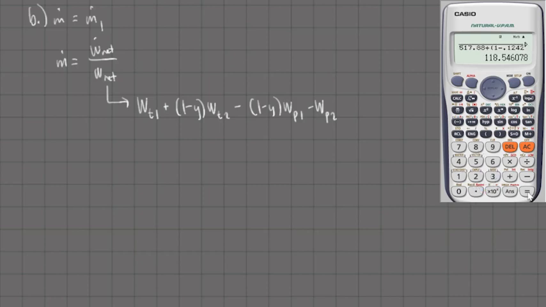Our mass flow rate is equal to 118.55 kilograms per second.